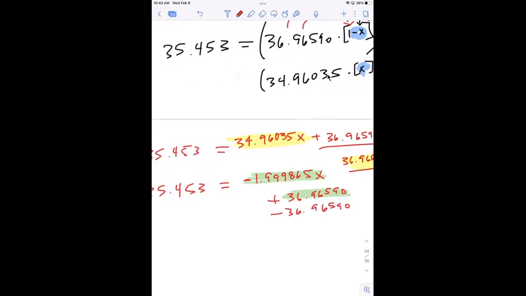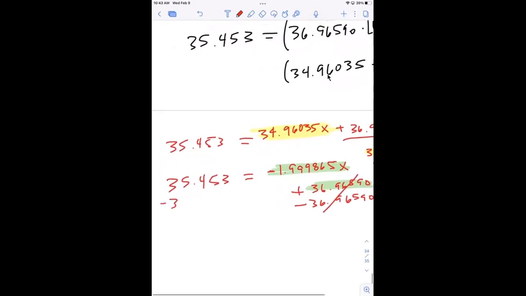That's going to cancel that term. And then this minus 36.96590. What do we get for that? It's going to be a negative number. That's negative 1.5129.